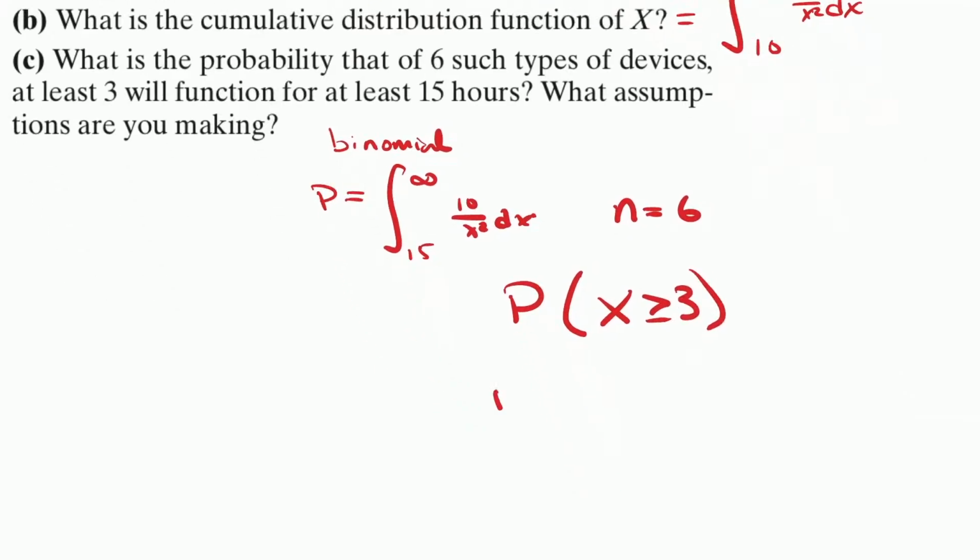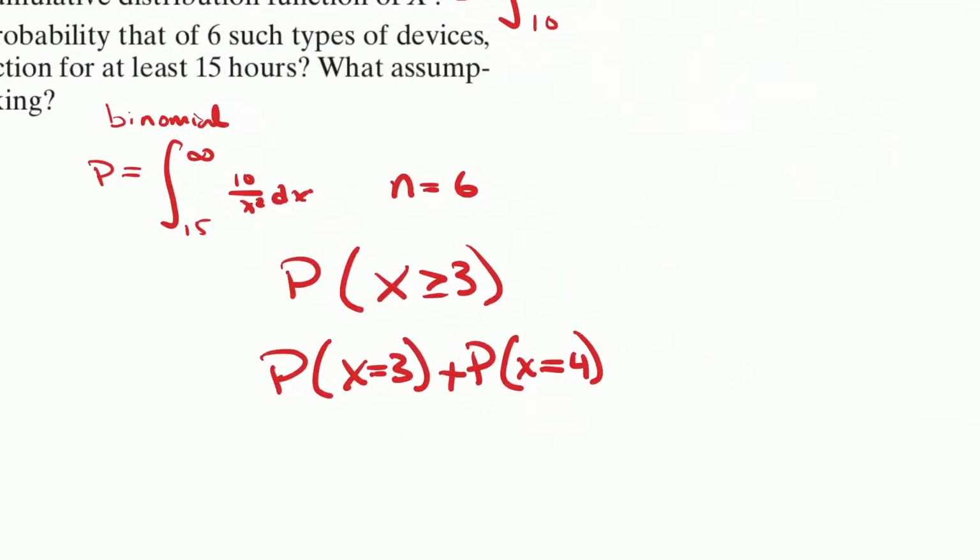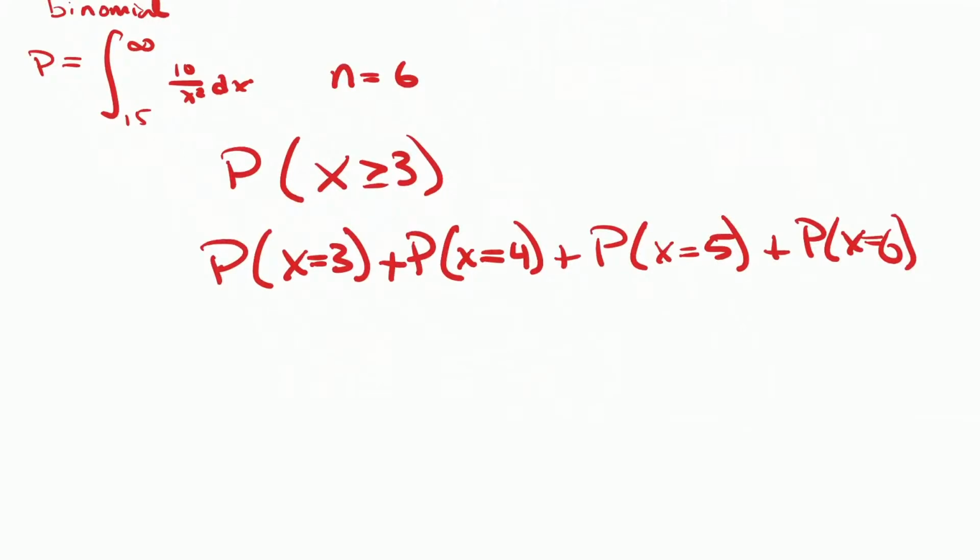I'll just do it straightforwardly, because once I tell you that you should always use the 1 minus formula, everyone wants to use it. It would have been easier, I guess. There. So option 1 is to add up all those, or 1 minus the probability of 0, 1, or 2.